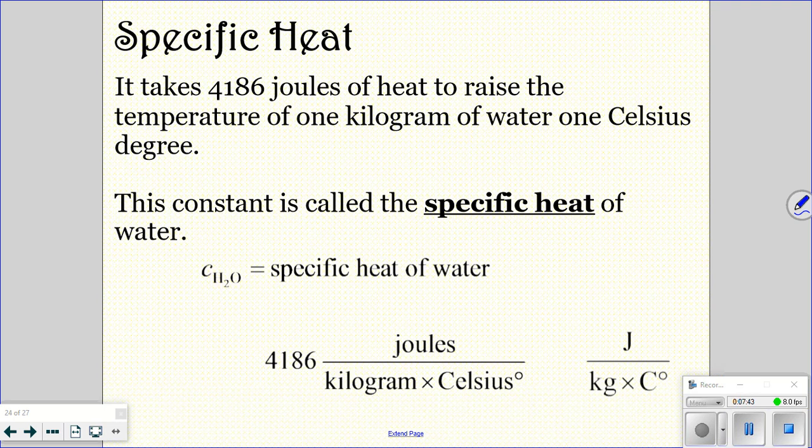And if you want to write it with J, kilograms, and C instead of writing out joules and Celsius, you can. And each element or substance is going to have a unique specific heat. And if you look in the book on page 115, it gives you a table of some of the most common ones. Sometimes it'll give it to you, sometimes you'll have to refer to the table. You can also look at the back of the book to find the table as well.